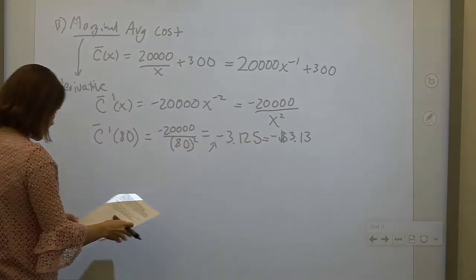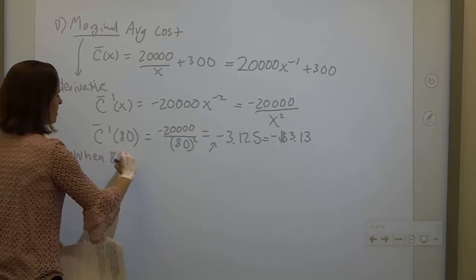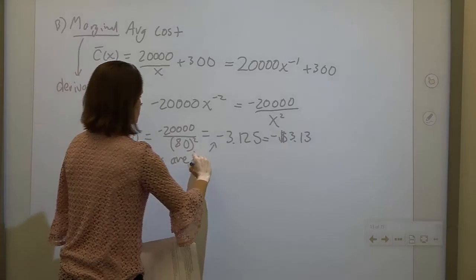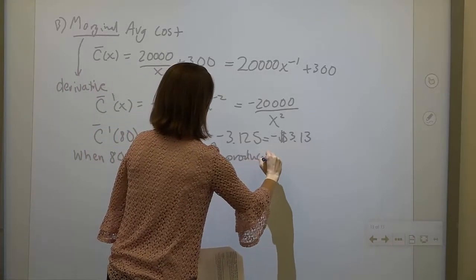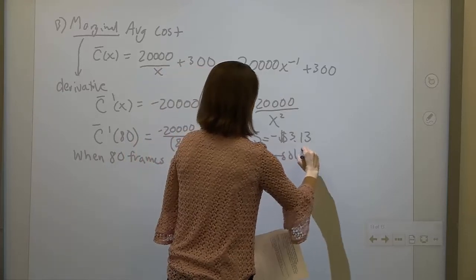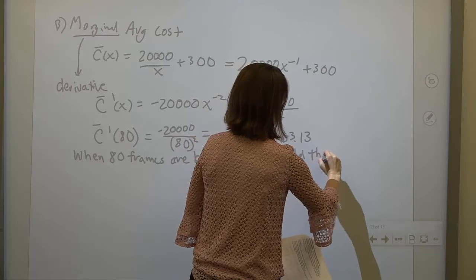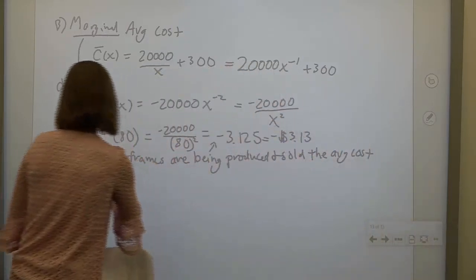And so if we summarize what we found, when 80 frames are being produced and sold, we have the average cost per frame was $5.50.